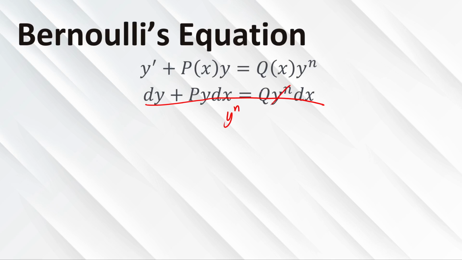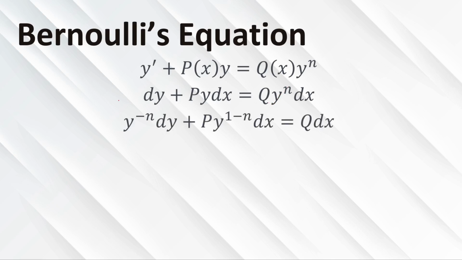So, kapag itinaas natin yun, magni-negative yung exponent ni y raised to n. That's why we will have y raised to negative n dy plus p times y raised to 1 minus n, kasi originally meron tayong y doon, and then nag-divide tayo ng y raised to n. So by laws of exponent, ang magiging exponent niya is 1 minus n dx, and of course doon sa right side, q dx na lang siya, na-cancel na yung y raised to n.